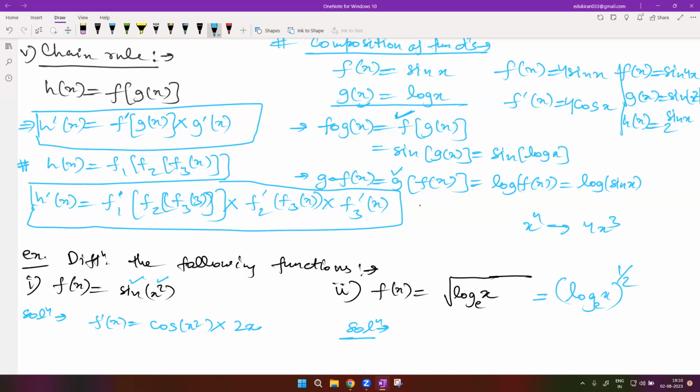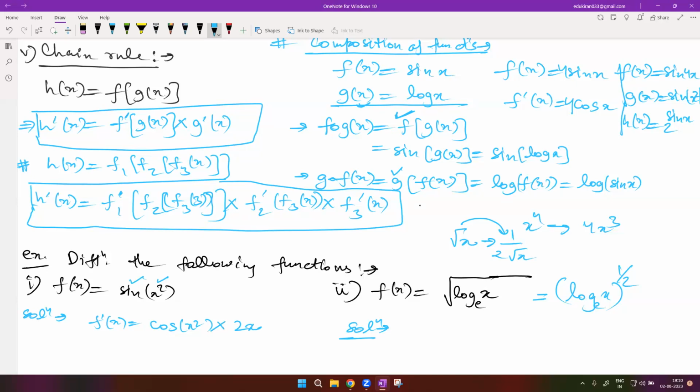In this case, the power involved is 1 by 2, which is basically root, and we know the differentiation of root x is 1 by 2 root x. That is why I told every one of you to remember this expression, because it will be used extensively now. So the differentiation of root x is 1 upon 2 root x.